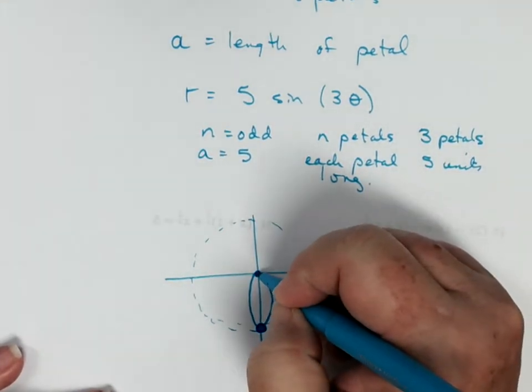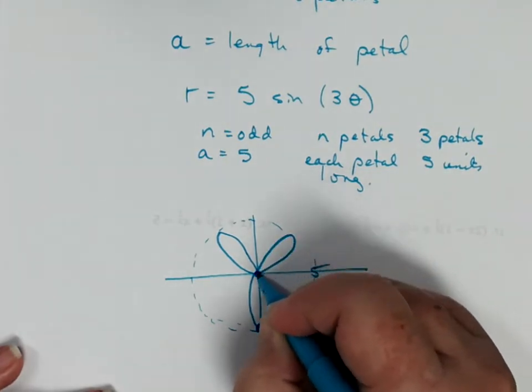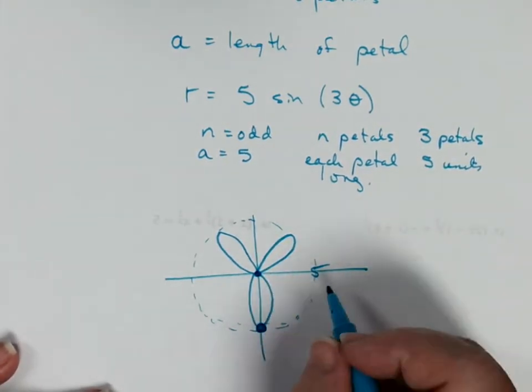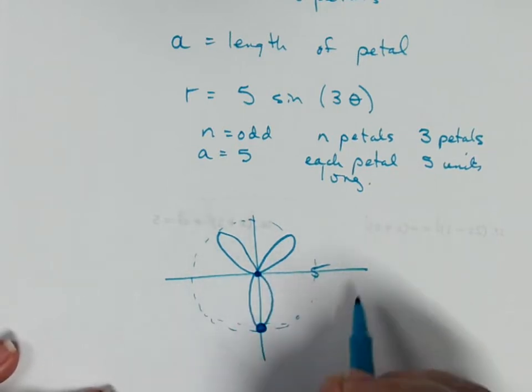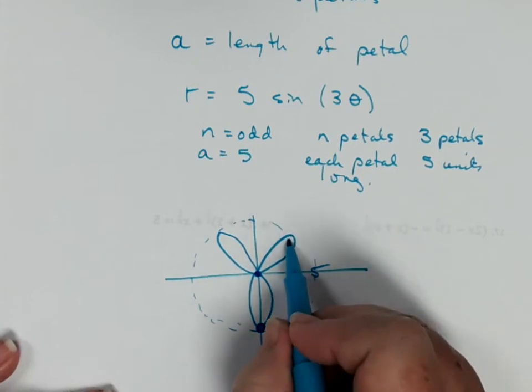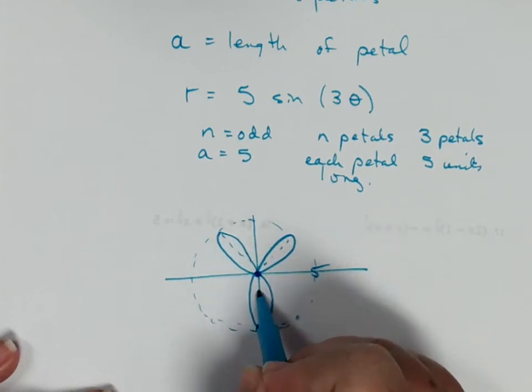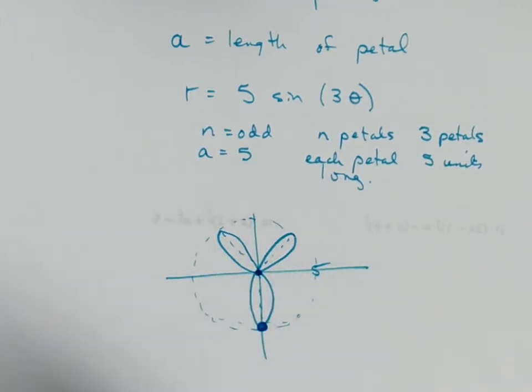The other 2 petals will go out to the circle, but it will look like this. And if you pick up your graphing calculator and type this in after you've watched the next video, you'll get an idea of how this is going to look. They all have a length of 5, which is the a value, and there are 3 petals to the graph.